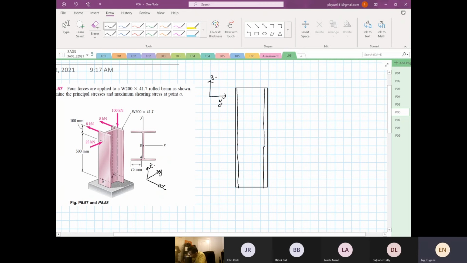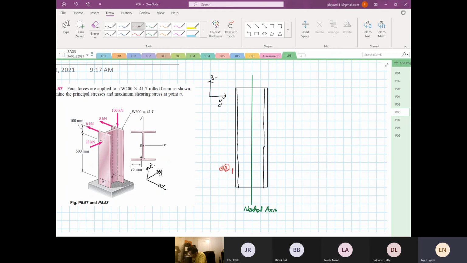And over here, this is your element A. And then this is your neutral axis. All right. So there's your neutral axis. And then you put in all your forces again.